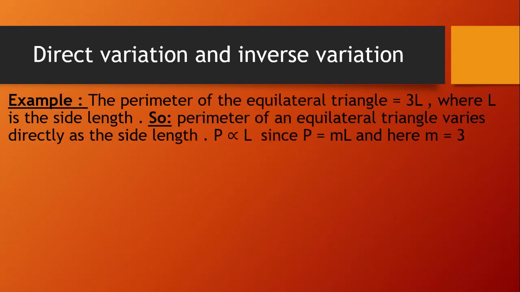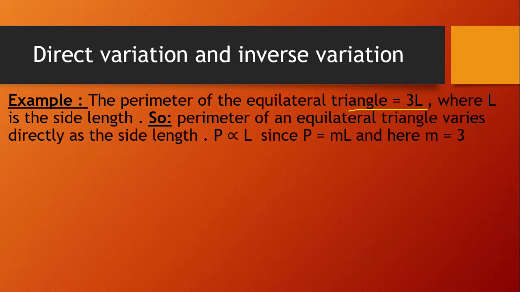Here, for example, if you talk about the perimeter of an equilateral triangle, we studied that in an equilateral triangle, three sides are equal in length. So the perimeter of the equilateral triangle equals 3L, 3 times the side length, because the three sides are equal.